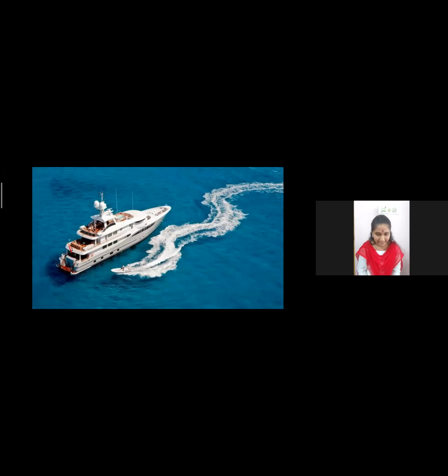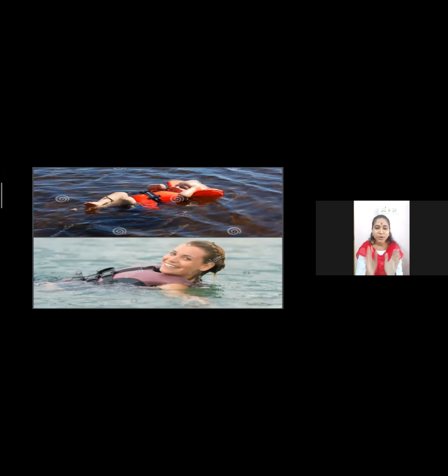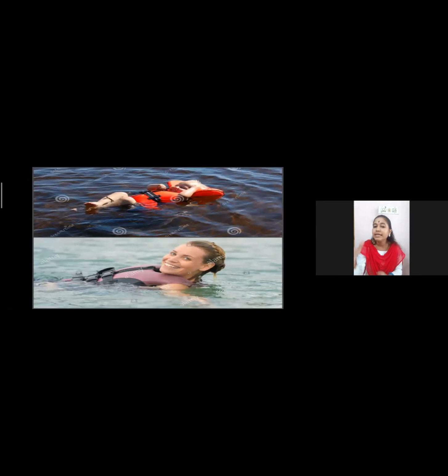Now the last example. Here you can see that two pictures are merged. In the first picture, a baby is floating or trying to swim in the pool, and in the second picture you may see a girl trying to swim on the surface of the water. So here too, there is some upward force exerted on the body, that is the baby as well as the girl.